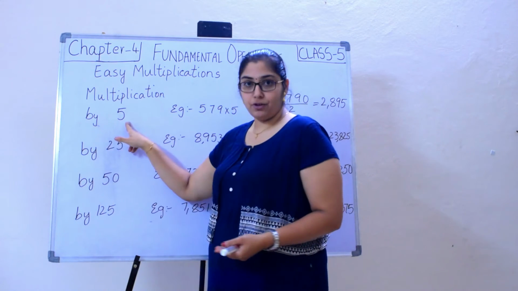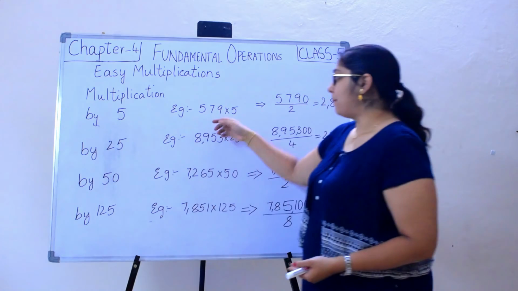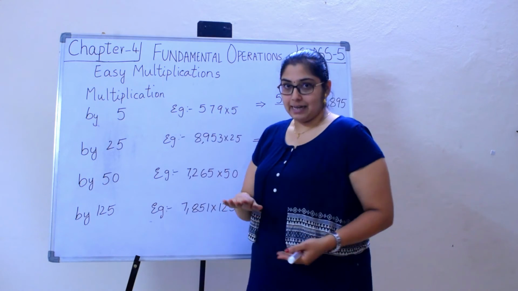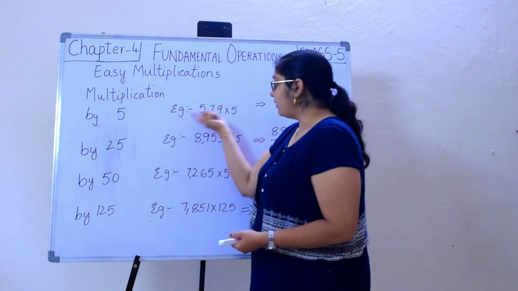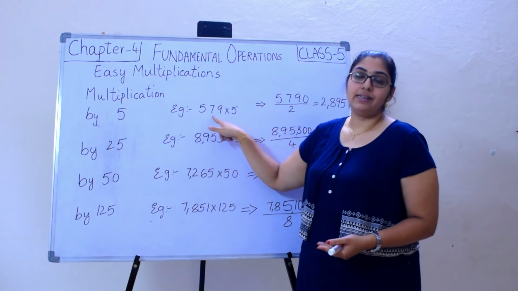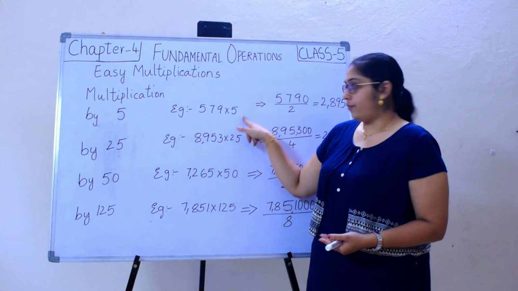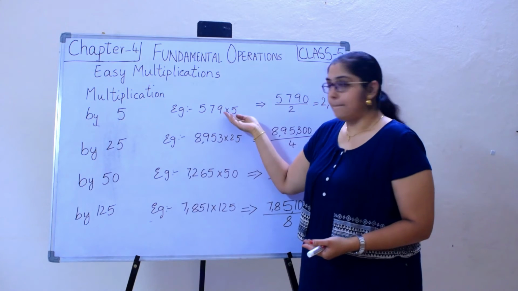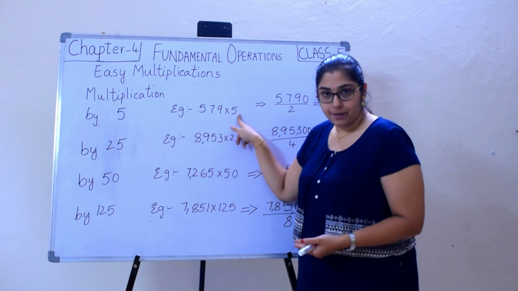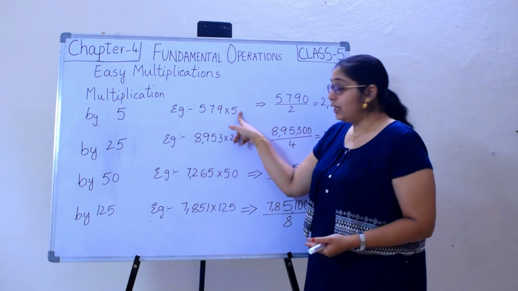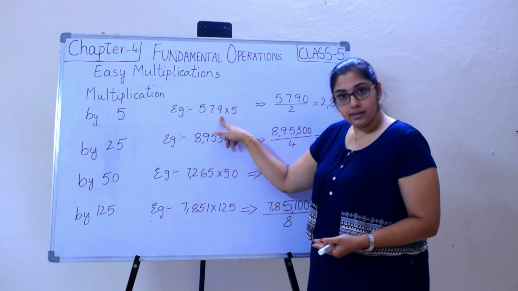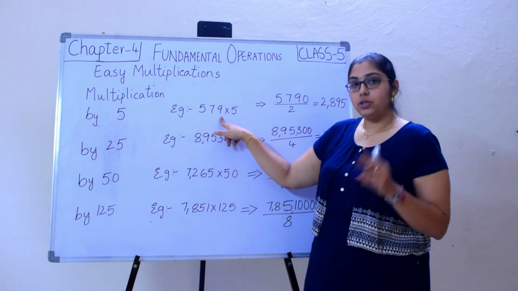Now by 5, if you multiply by 5, what is happening? We will first see an example, then I'll explain to you. In the example I have taken 579 into 5. When a number is multiplied by 5, I need to add 1 zero to the number, then divide it by 2.